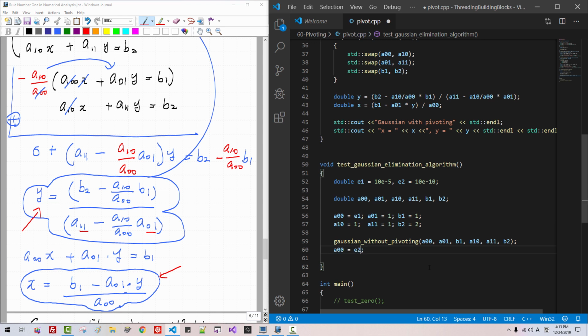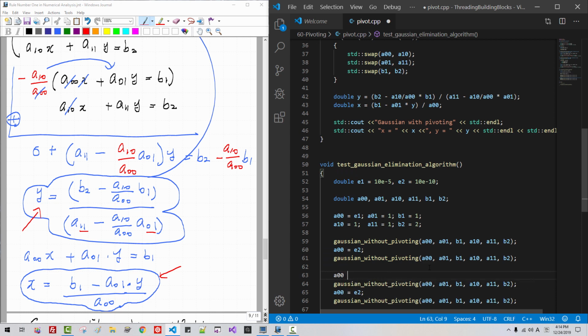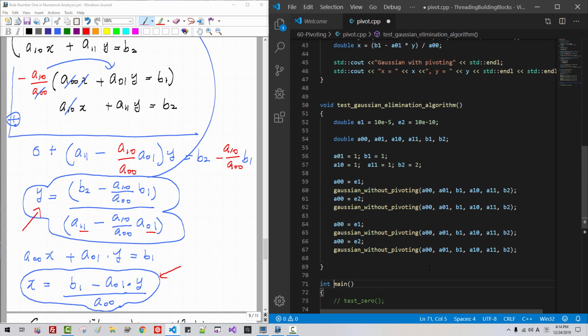Now we set A00 to epsilon 2. I copy this function once again, and paste with A00 as E1. This one is with the pivot.